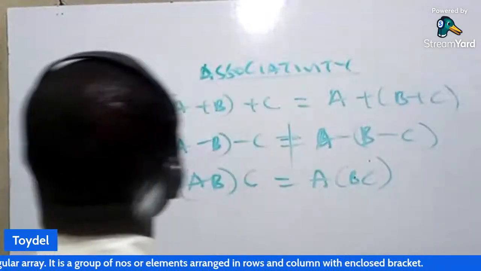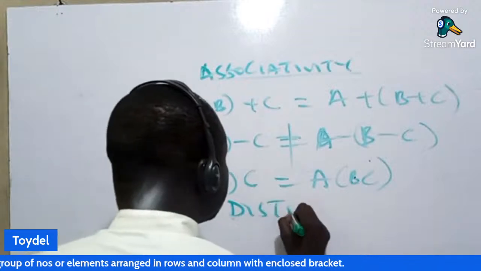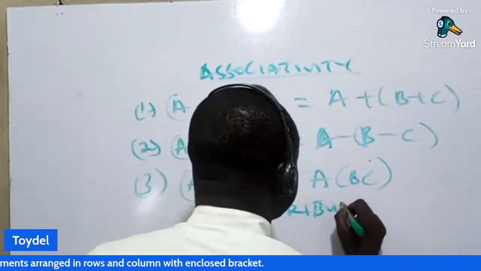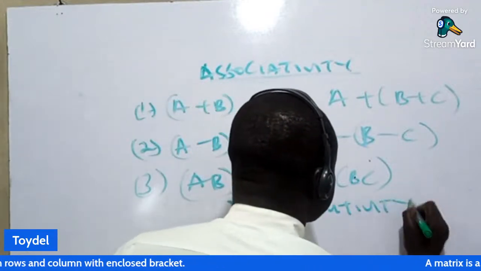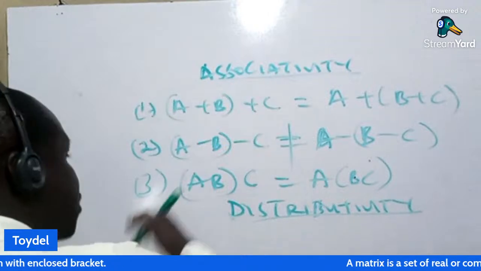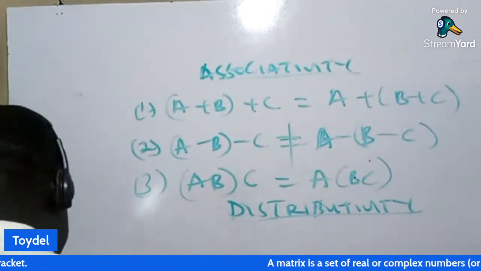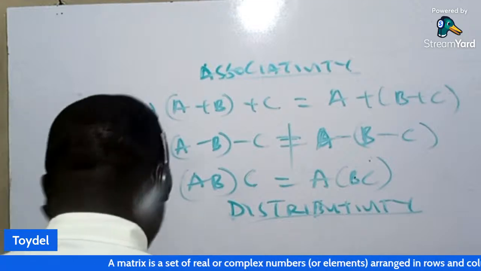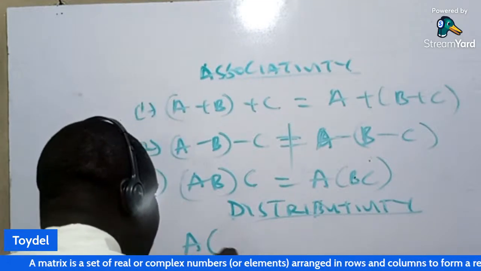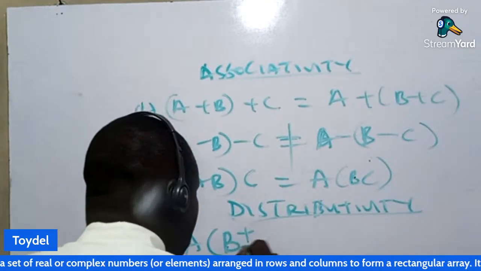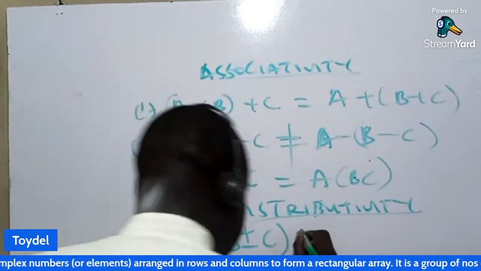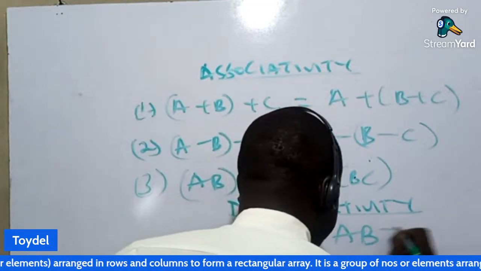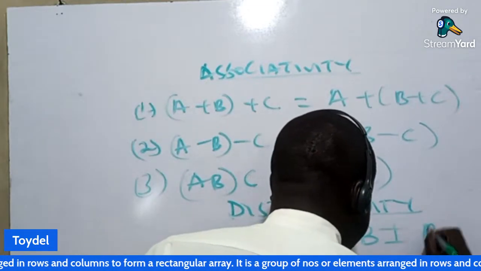Then we should also know that when we talk about distributivity, multiplication is distributive over addition and subtraction, and the converse does not hold. That is, when you have a matrix A multiplying B plus or minus C, it is always the same thing as AB plus or minus AC.